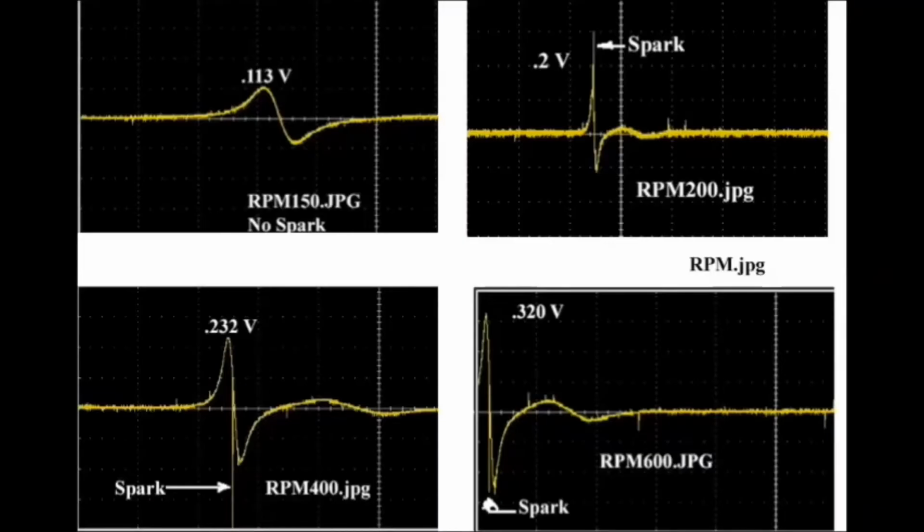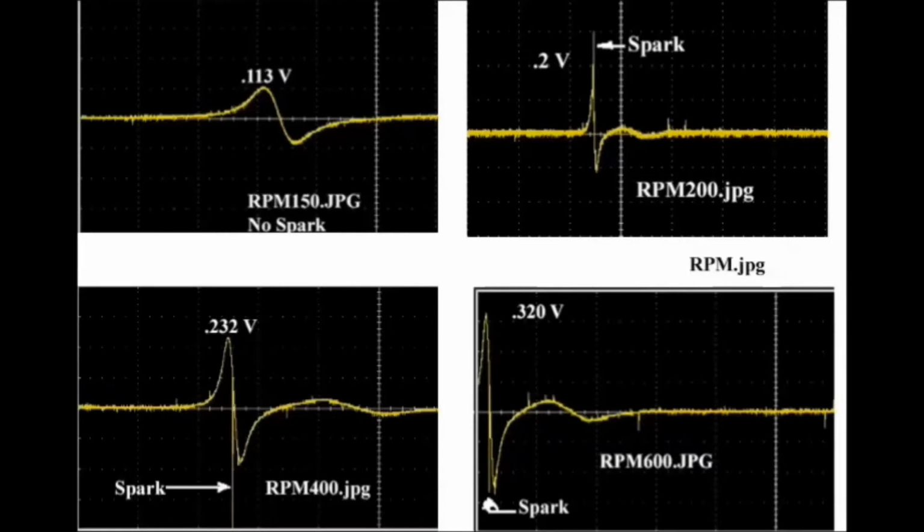I noted earlier that as the RPM increases, the trigger voltage increases. So what I have here are 4 different RPMs, and I use the oscilloscope to actually measure the positive peak voltage. It makes these measurements as well as takes the pictures of the waveform for us.